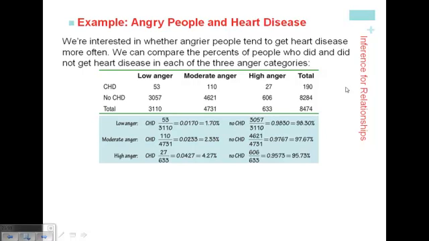Now, what kind of distribution did they use to try to make the case that if you get angrier, you increase your chance of heart disease?